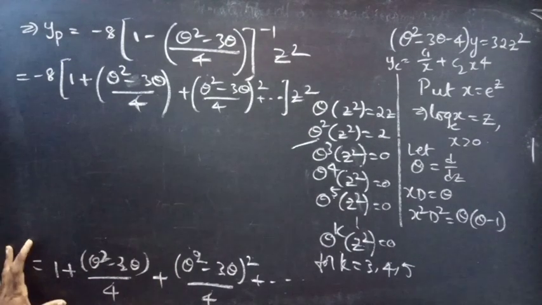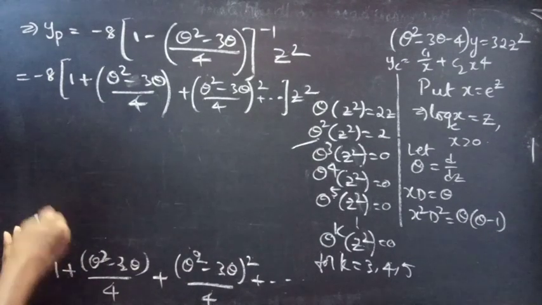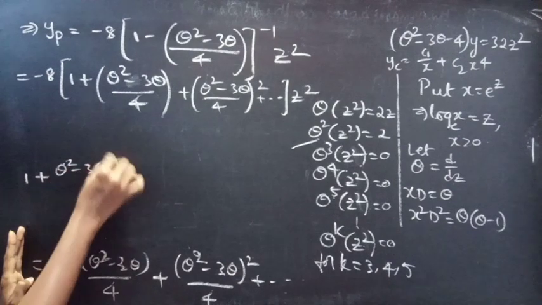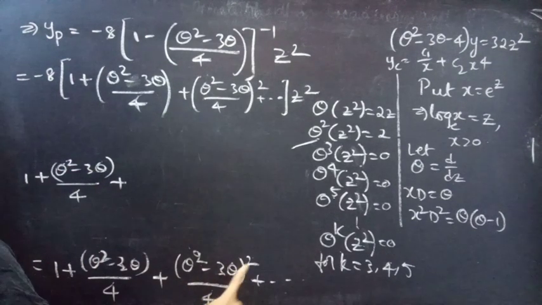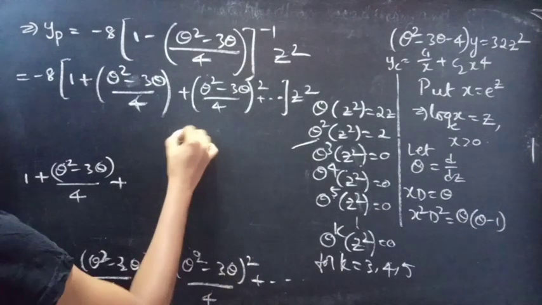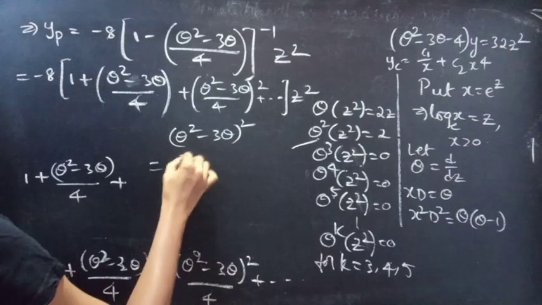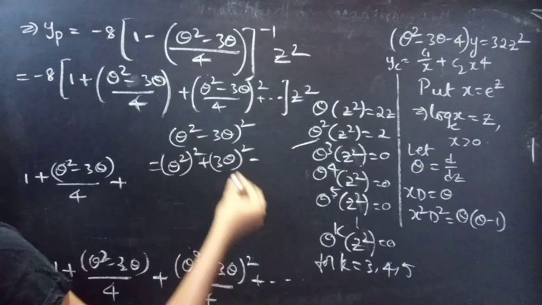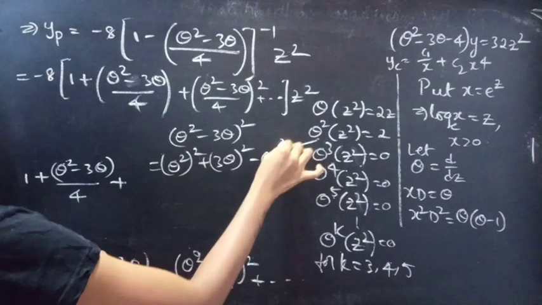Now observe this expansion carefully. Leave yp. Just observe this expansion. This becomes 1 plus theta square minus 3 theta by 4 plus expand theta square minus 3 theta whole square. Theta square minus 3 theta whole square is theta square whole square plus 3 theta whole square minus, 2 3s are 6, theta square into theta.